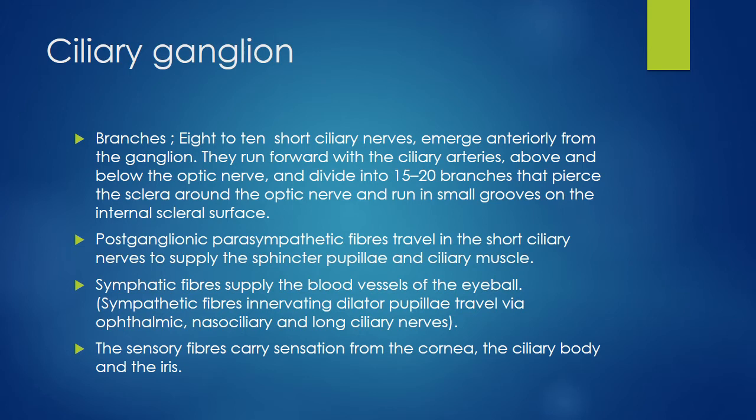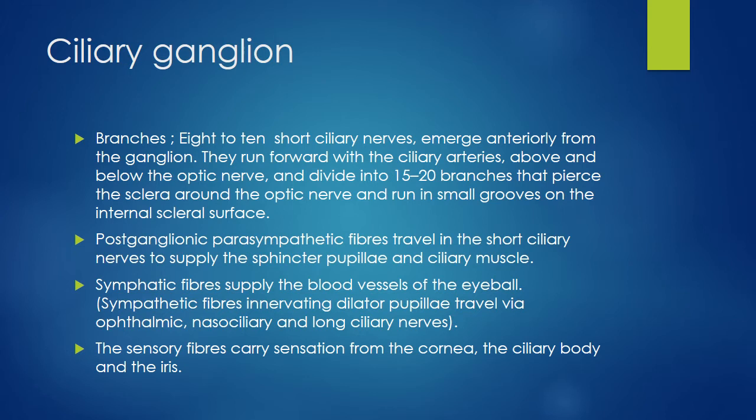And sympathetic fibers supply the blood vessels of the eyeball, but remember, as you know, dilator pupillae muscle in the iris has sympathetic supply, but this sympathetic supply is not through these short ciliary nerves.